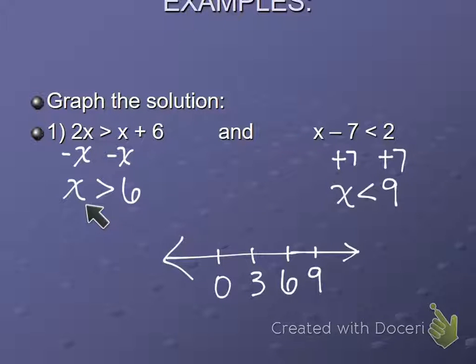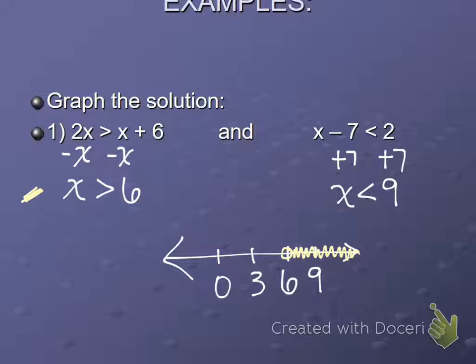So if I were just graphing x is greater than 6, I would put an open circle at 6. Okay, so for my x is greater than 6, I'm going to use this yellowish color. Here's my key off to the side. Open circle, and I'm going to shade it to the right because it is greater than.